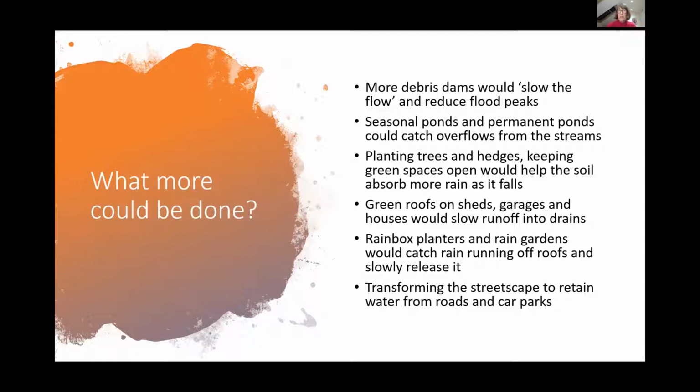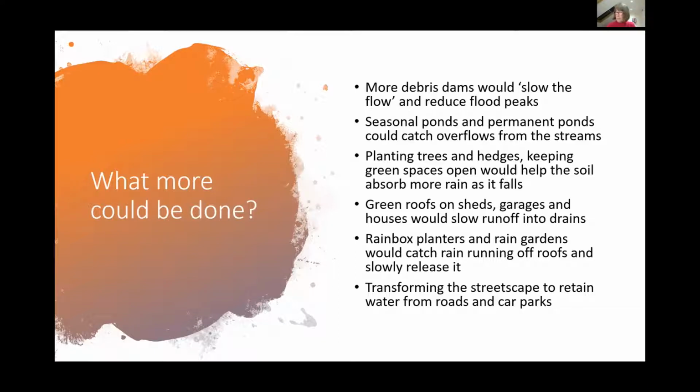That's the way things used to be before we built a lot of houses. And there's scope for doing more of these kinds of things. More trees and hedges, keeping green spaces open, doing less paving over of spaces would help the soil absorb more rain as it falls and keep the rainfall out of the streams.